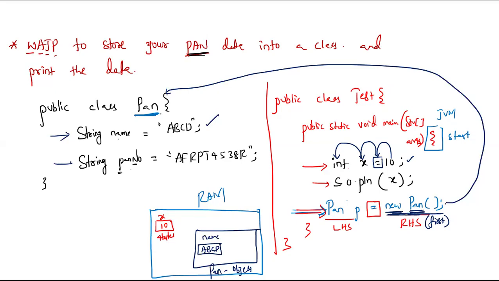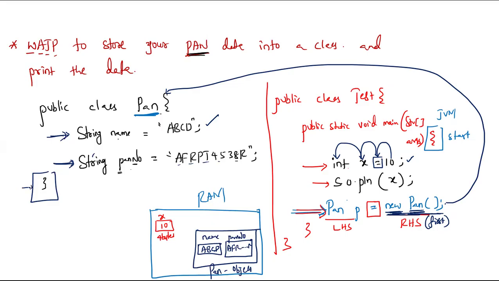After this second line of execution, this value will be loaded into the memory. So here inside this object only, not outside the object. Here pan number is a variable, then a value, some AFRPT4538 or something. So these two lines of code got executed. After that, it is the ending of the class.